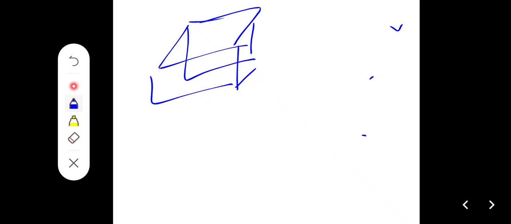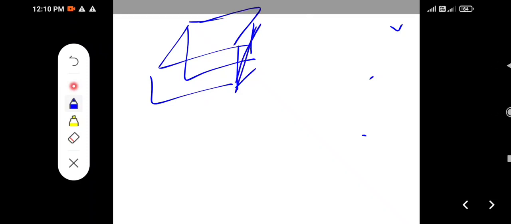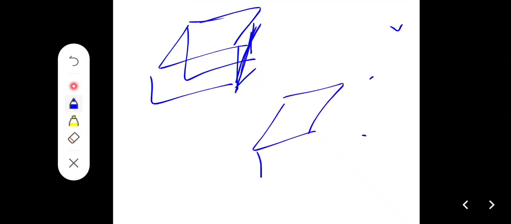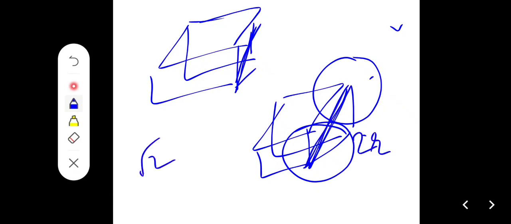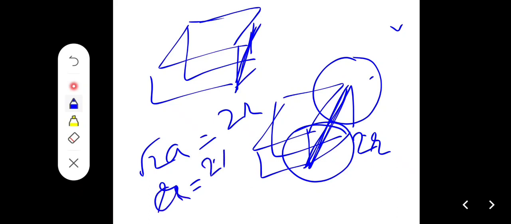If this space is occupied by atoms, the diagonal is ultimately 4r, so root 2a equals 4r, that is a equals 4r by root 2. We can say this for FCC.